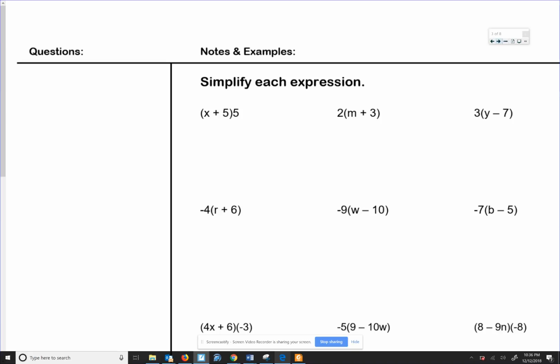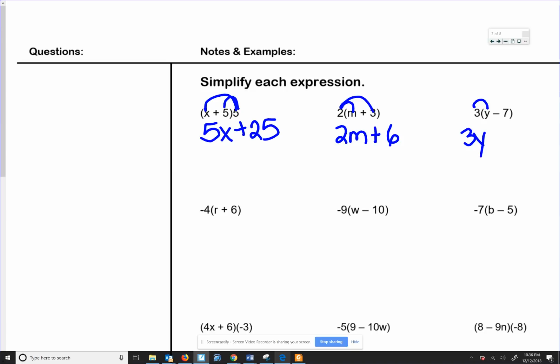All right, let's go to town. Notice now I have some variables and I have number values. 5 times x, 5 times 5. 2 times m, 2 times 3. 3 times y.